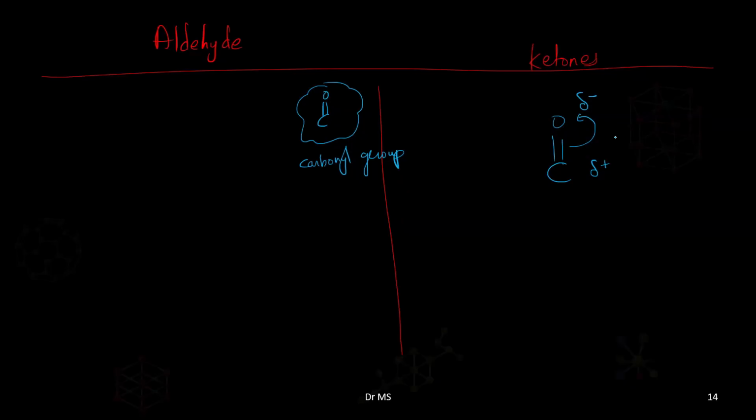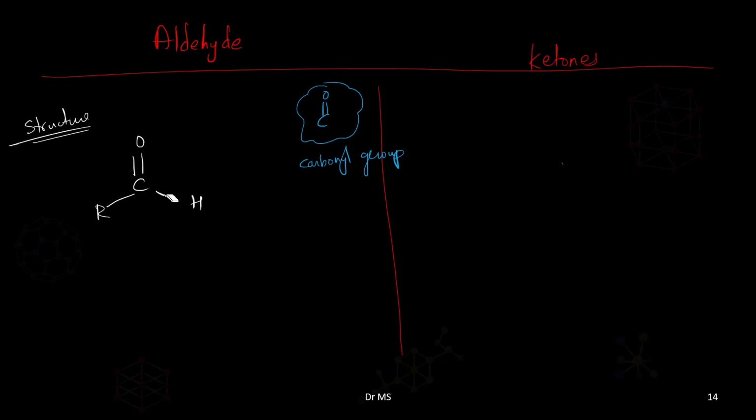Okay, so let's see next. Let's see the structural difference between them. Aldehydes contain the carbonyl carbon that is attached to one alkyl group, double bond oxygen and hydrogen.